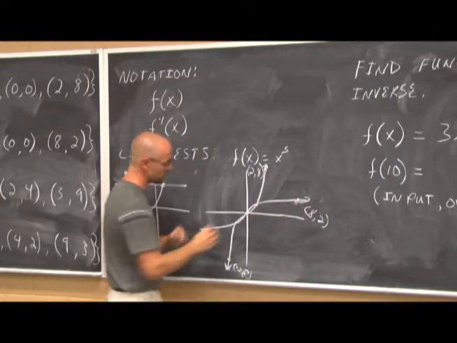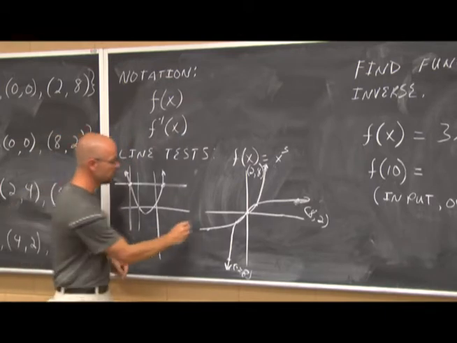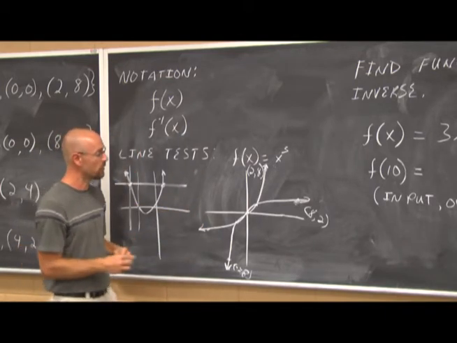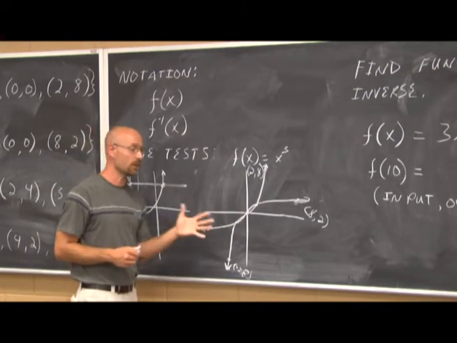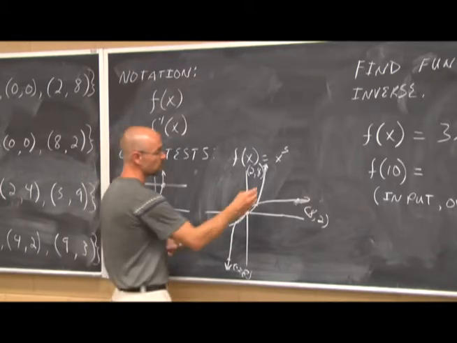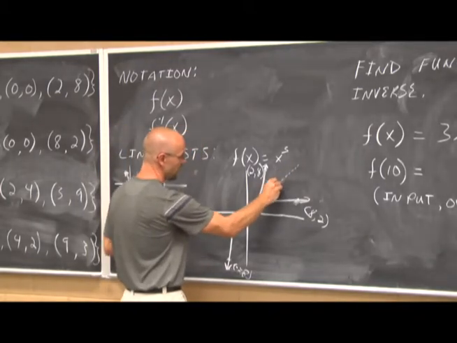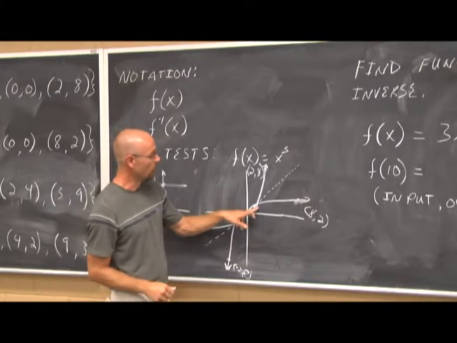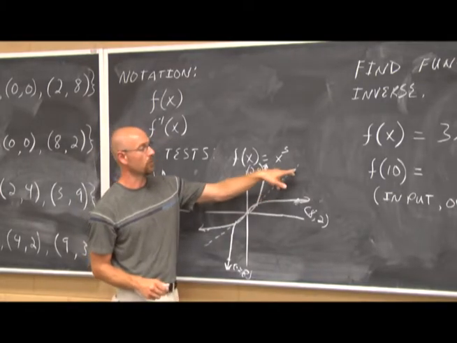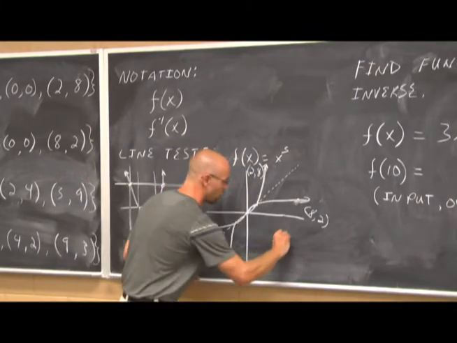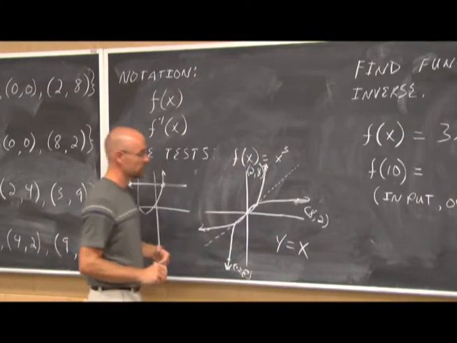Now, if I graph this, clean it up a little bit, make it symmetrical, how are these different? Well, what's different about them is they're essentially mirror images of each other. But it's through a special line, and that special line is this right here. 1, 1, 2, 2, 3, 3, 4, 4. It's a linear equation, and it's actually our identity function, y equals x.